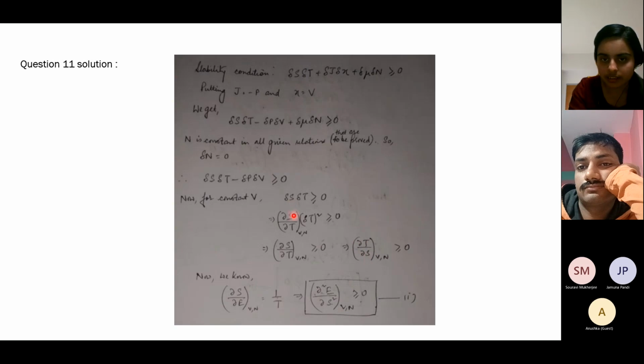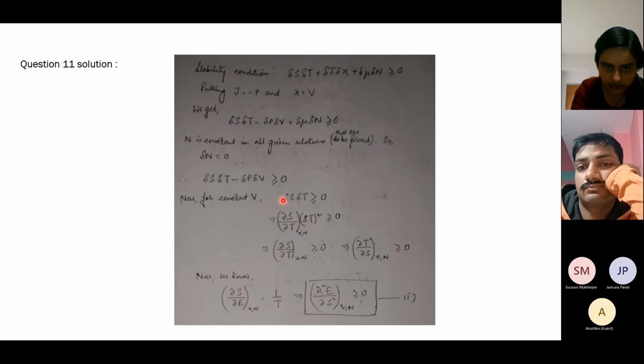So what we do here is that we consider S, the entropy, as a function of temperature and volume, and because N and volume are constant, we remove that. So what remains is delta S can be substituted as del S del T delta T. Is this step clear?